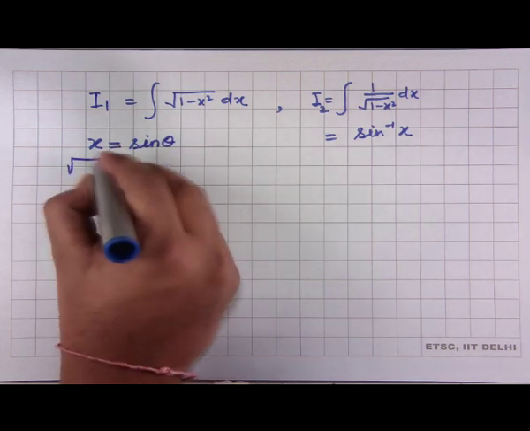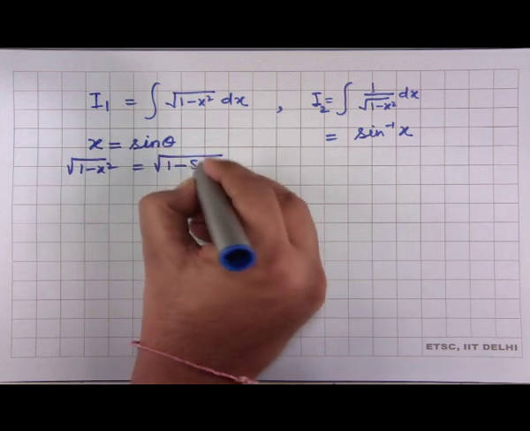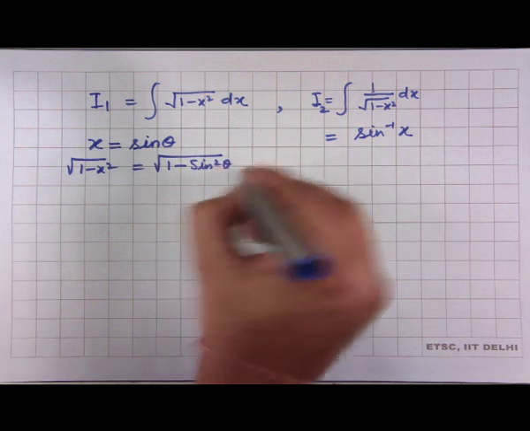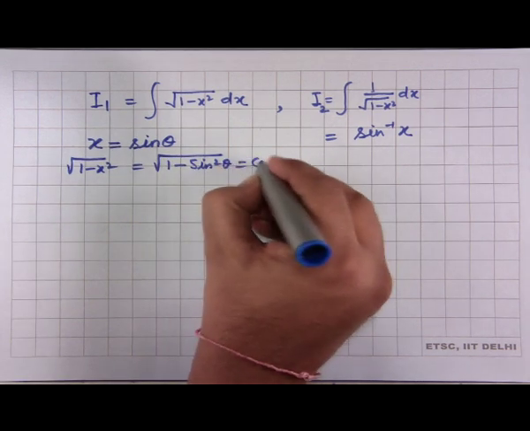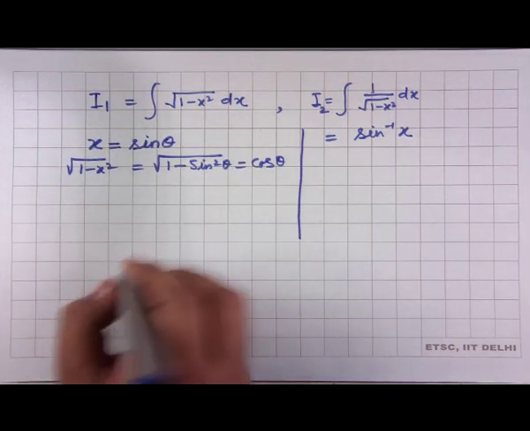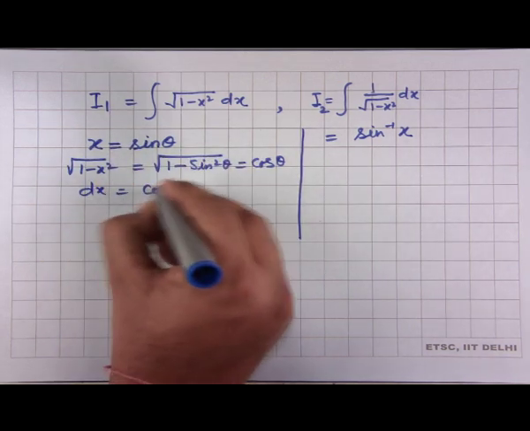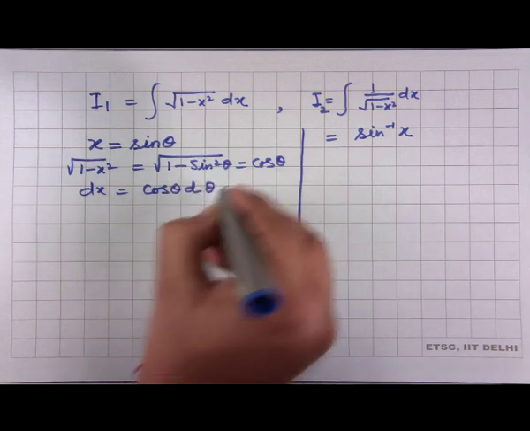So, square root of 1 minus x square will become square root of 1 minus sin square theta, which is nothing but cos theta, and dx in that case will become cos theta d theta.